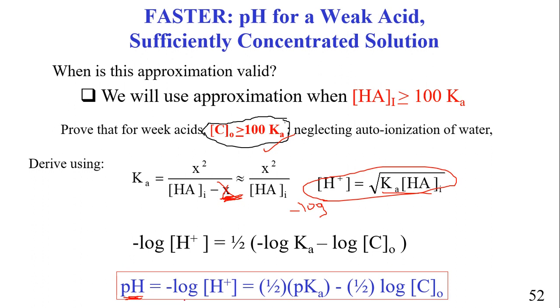And that's in the majority of cases, because the majority of cases have the initial concentration greater than 100 Ka. We will talk about some other cases, but this is the majority of the cases.